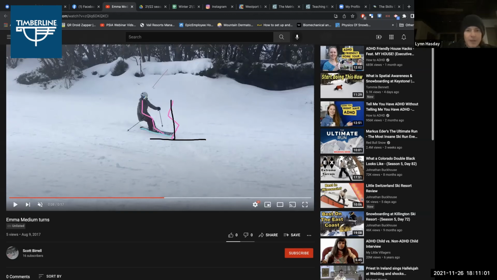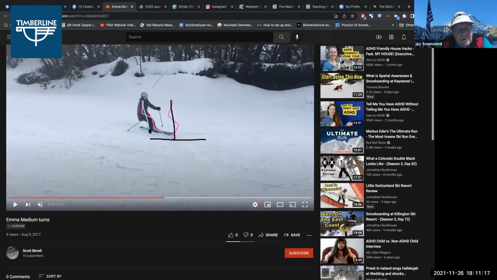Skis are here. And then would you agree the center of mass is more there? Absolutely. So do you see the difference between the two drawings? Yeah, that's a good drawing. And the center of mass might even be a little behind the line that I drew.